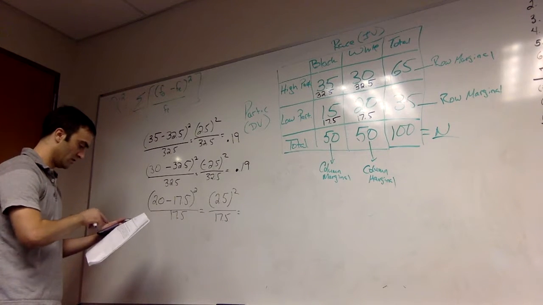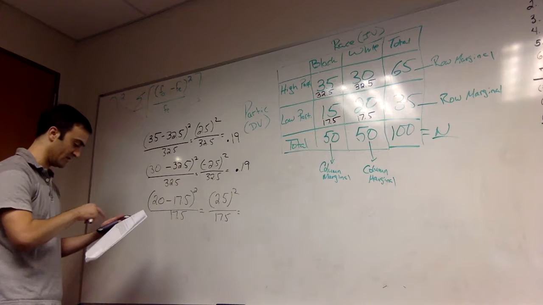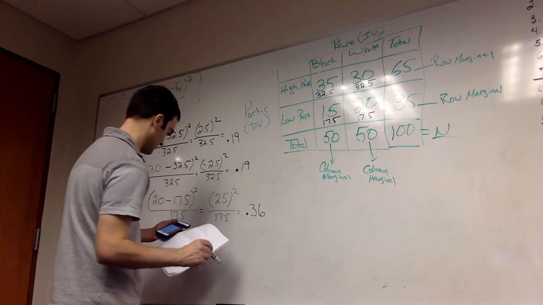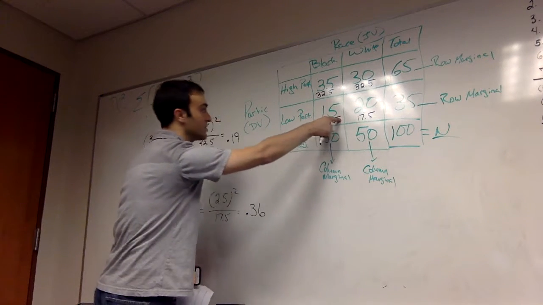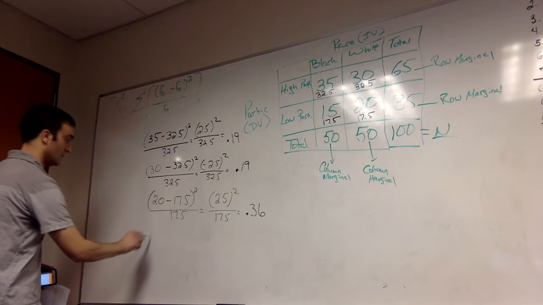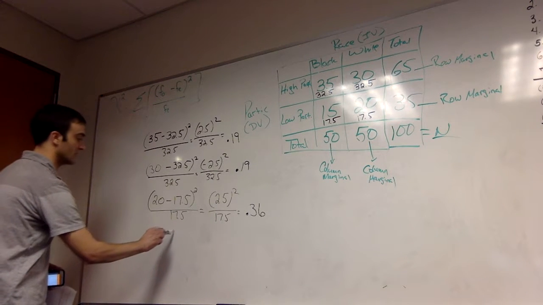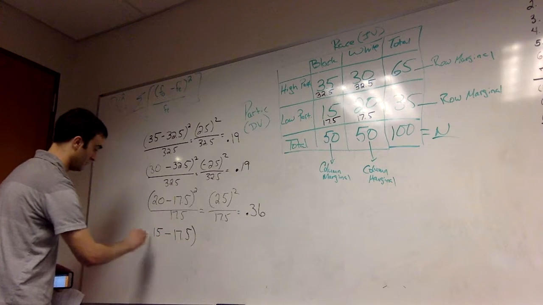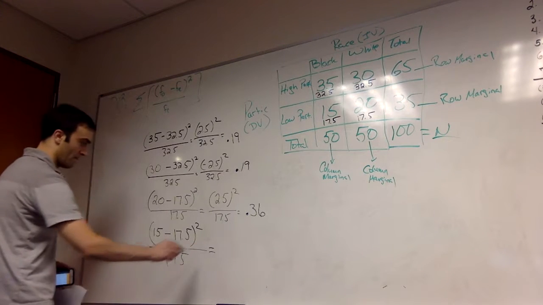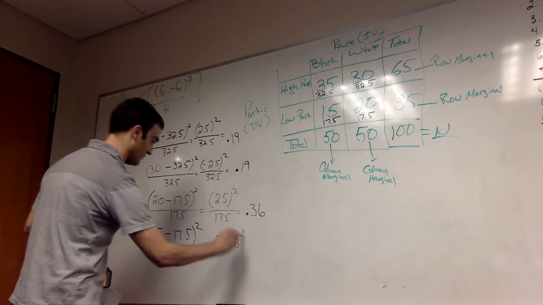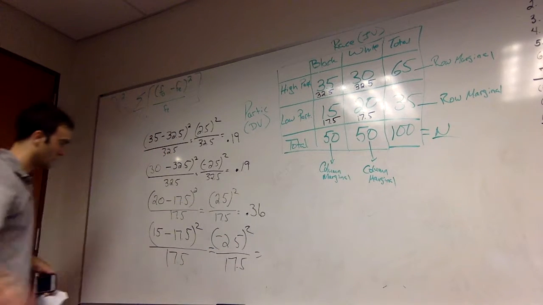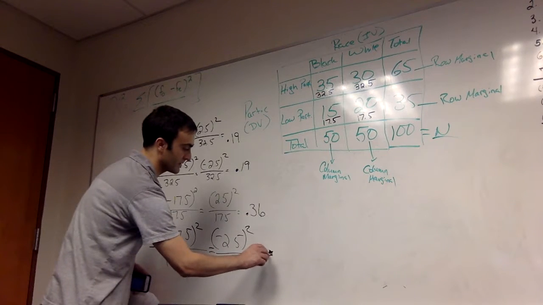So 6.25 divided by 17.5, you get about 0.36. Now go over to the southwest cell, low participating black. We observed 15, expected 17.5. Square it and divide by the expected of 17.5. You get a negative 2.5 squared over 17.5, and you get 0.36.